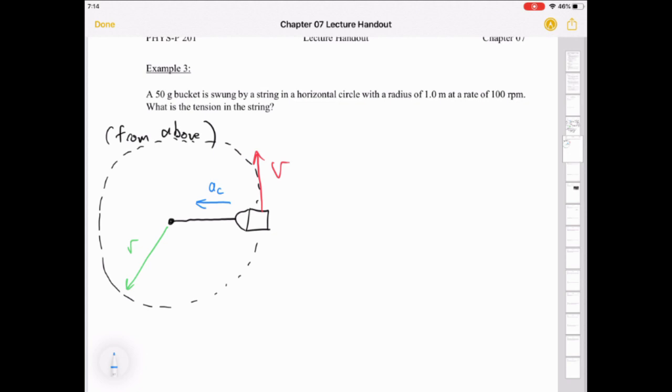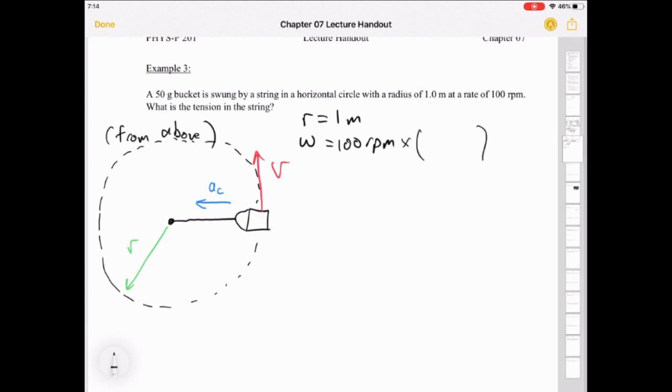And what do we have? We know that the radius is 1 meter, and the rate is 100 RPM. And again, an RPM is an angular speed, so that's omega. And I know immediately I'm going to need that in radians per second.